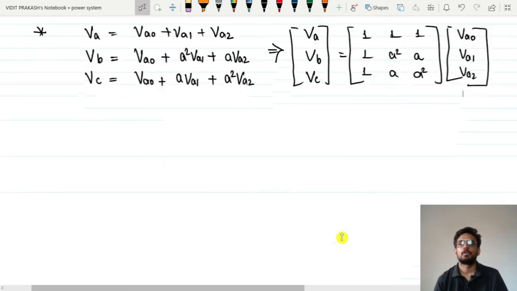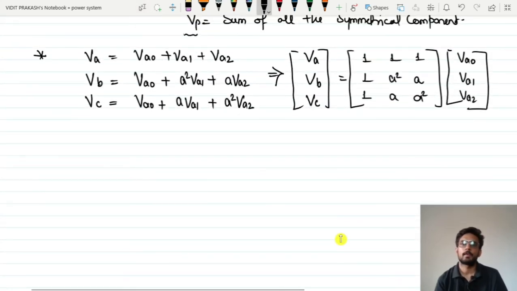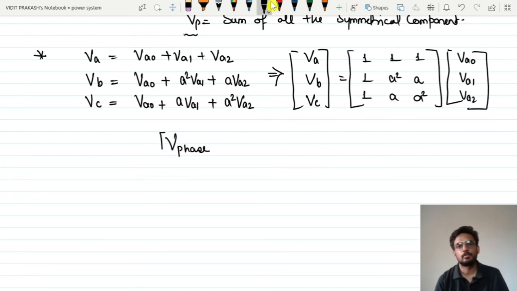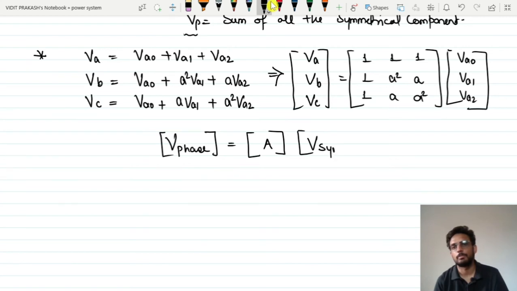So we can write this as the matrix of phase voltage will be equal to A into the matrix of symmetrical components, right?